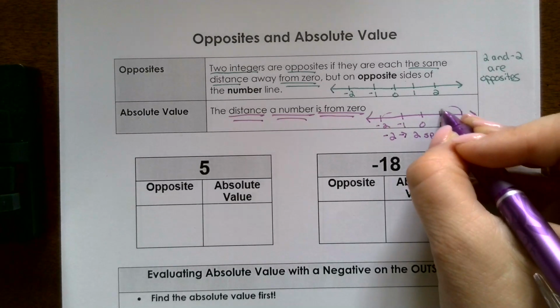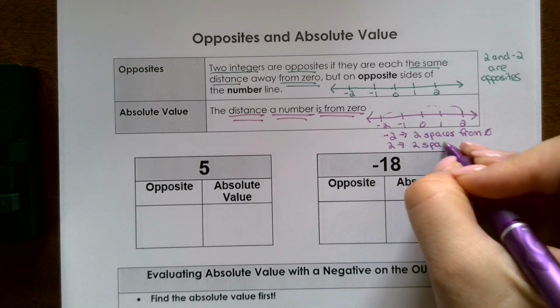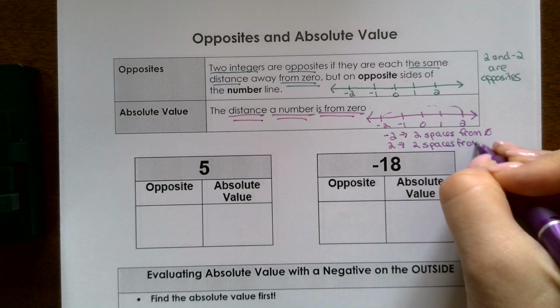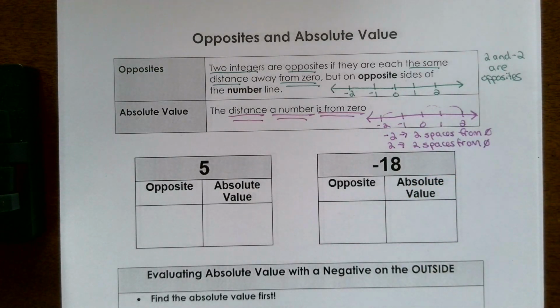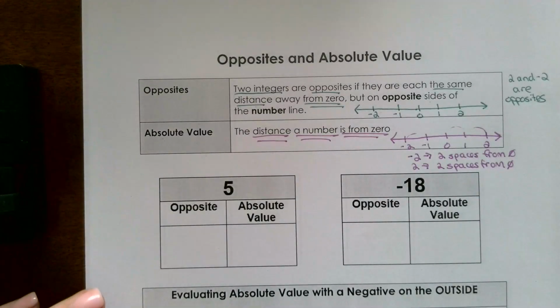And 2 is also 2 spaces from 0. So you can see by using the number line that -2 and 2 have the same absolute value. They are both 2 spaces from 0.